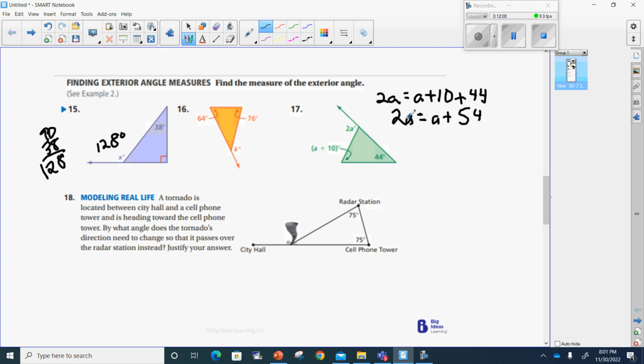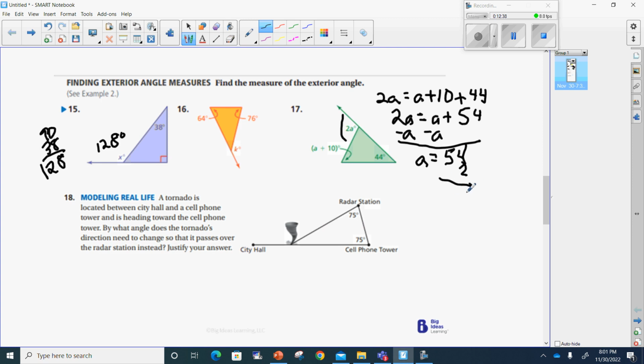Well, when I combine like terms on opposite sides, I'll have to subtract a over here, which means I'll subtract a here. 2a minus a is just a. And a is going to equal 54. So when they're asking to find the measure of the exterior angle, which is this one here, we're going to have to take 54 and multiply it by 2.